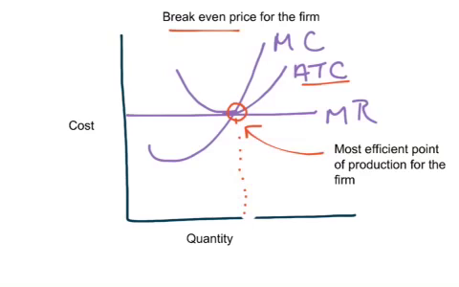The break-even price for a firm in perfect competition is at the low point of the ATC, which is also its most efficient point, because if they produced at a different quantity, let's call this quantity 1 in comparison to quantity 2, at quantity 1 their cost of production is going to be higher. If they went further and they produced here, which is further along on the ATC, to quantity 3, their cost of production is higher than it is at the low point of the ATC. So there's a few things going on at the break-even price for the firm.